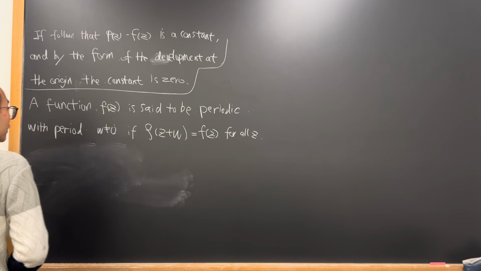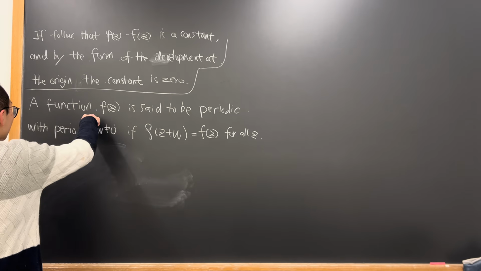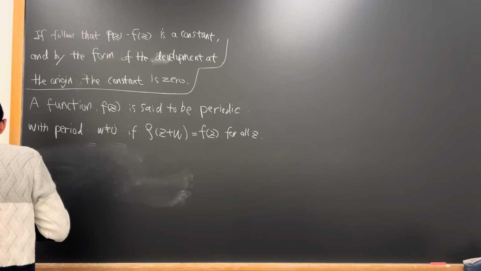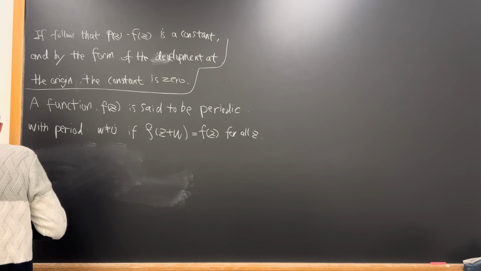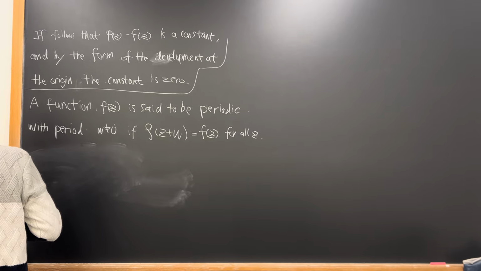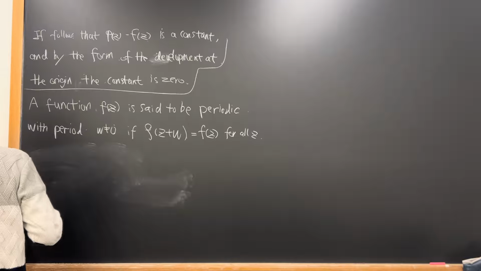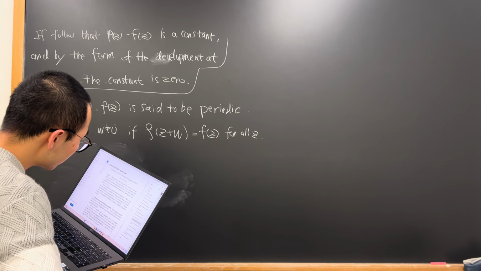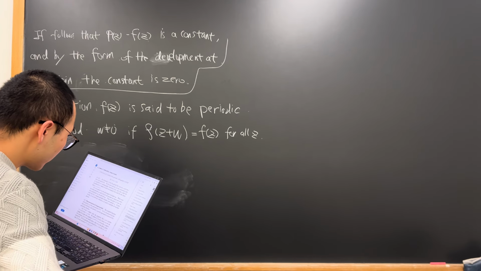Here he defines periodic, and then he says that if omega is a period, so are all integral multiples n omega.